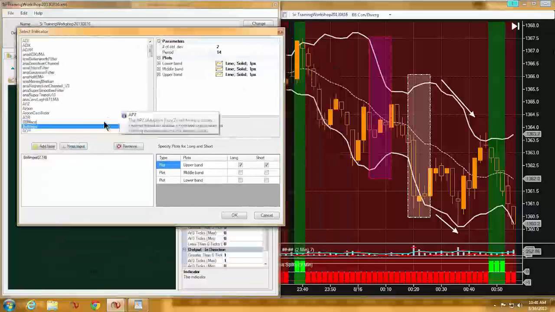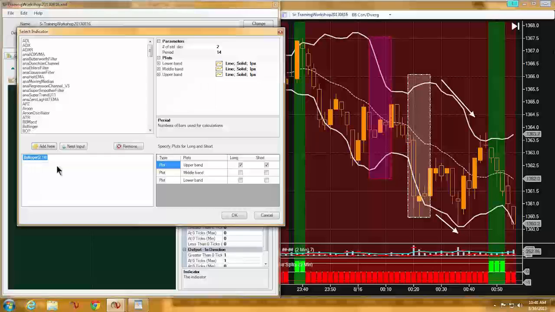All right, change our indicator to the Bollinger, and we're looking at the upper band. All that we want to mark is the divergence, so the area in the red triangle.